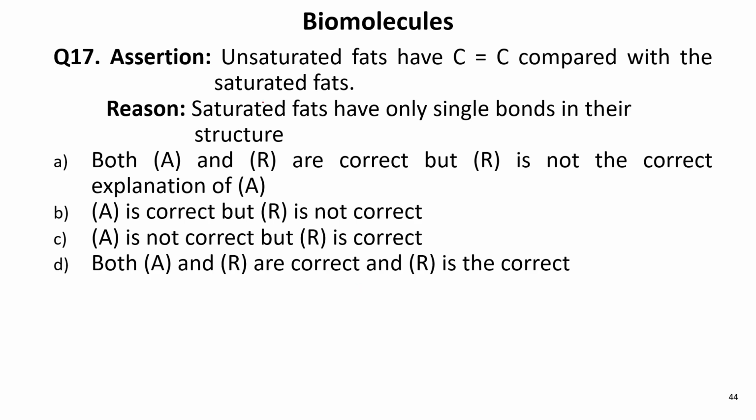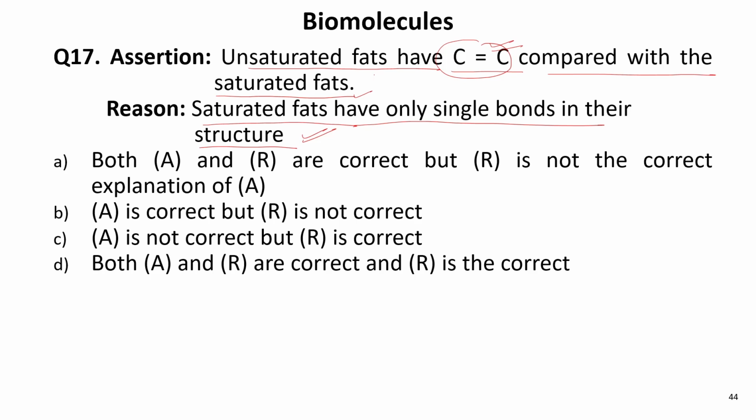Next question. Unsaturated fats have CC double bond compared with the saturated fats. Saturated fats have only single bonds in their structure. So unsaturated fats have CC double bond, and saturated fats do not. Their saturation is done, like all the carbon is having single bond.